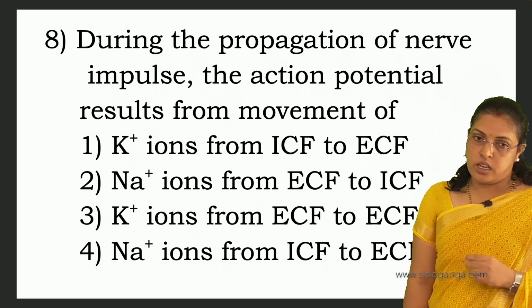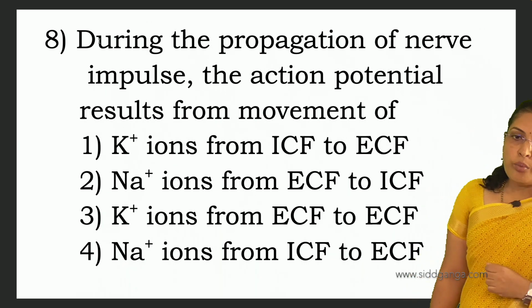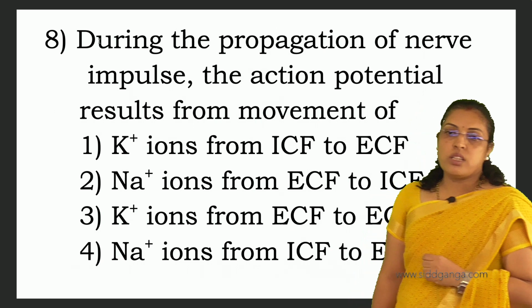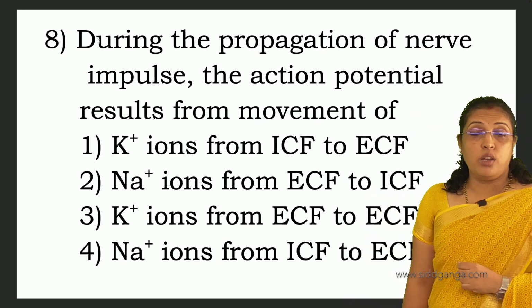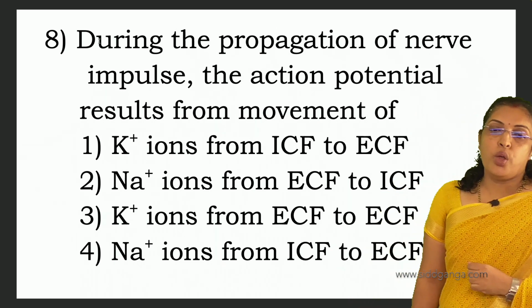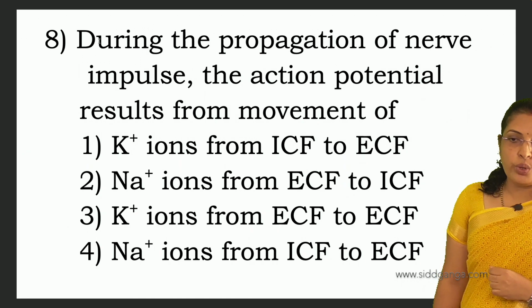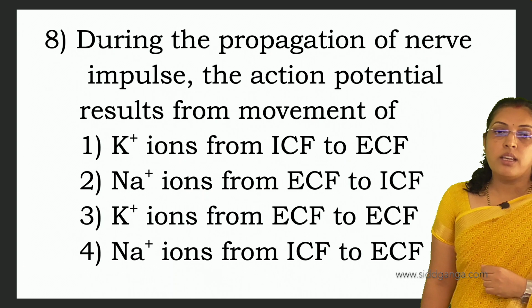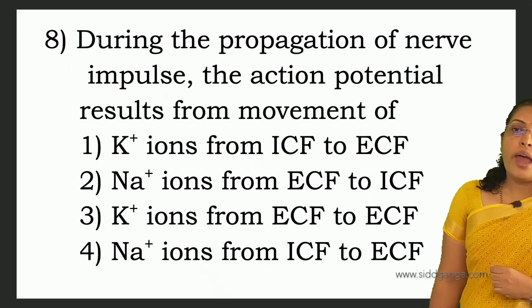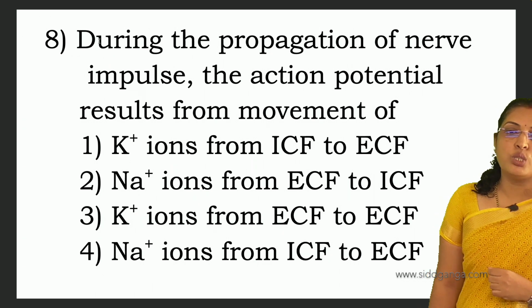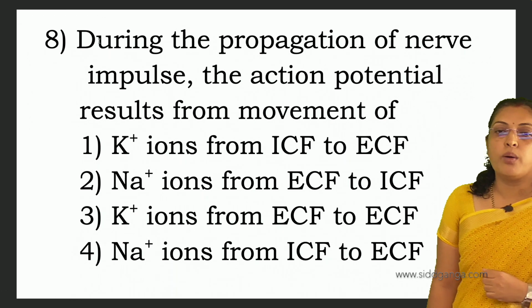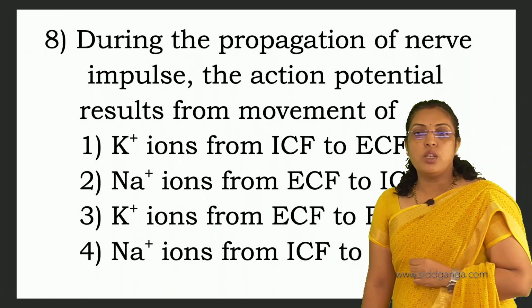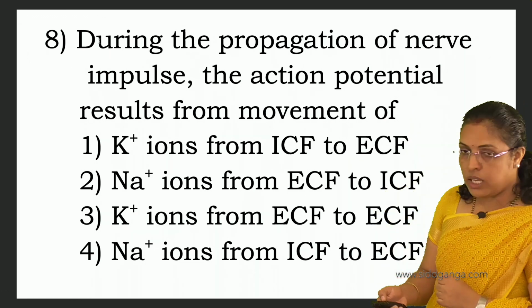That is the answer. Third, potassium ions from extracellular fluid to extracellular fluid, no. Sodium ions from intracellular fluid to extracellular fluid, that is not the answer. For the eighth, second is the answer. Action potential results from the movement of sodium ions from extracellular fluid to intracellular fluid.